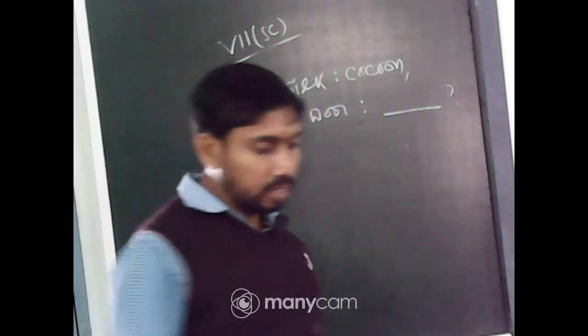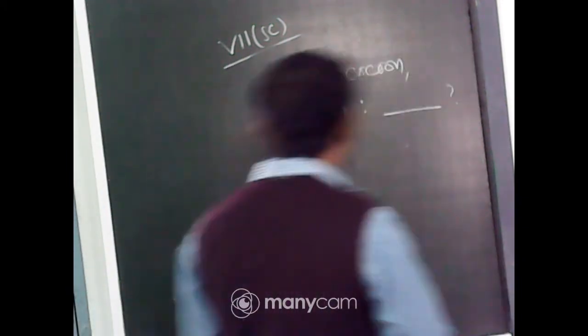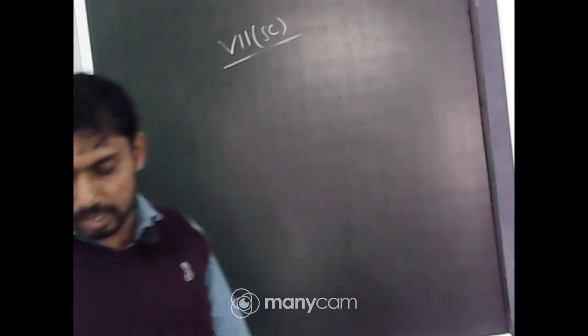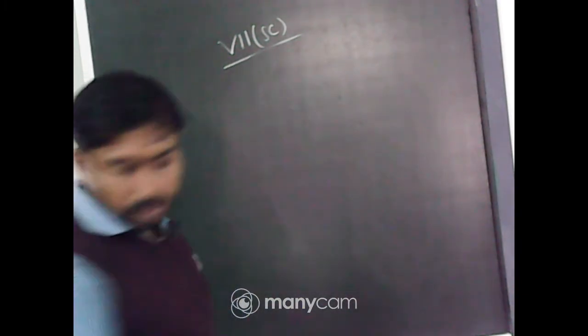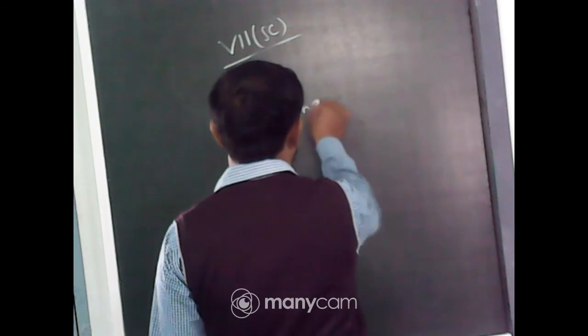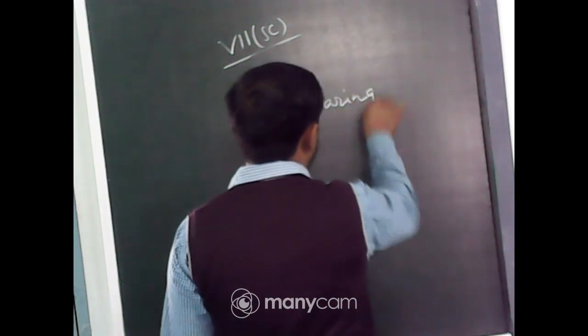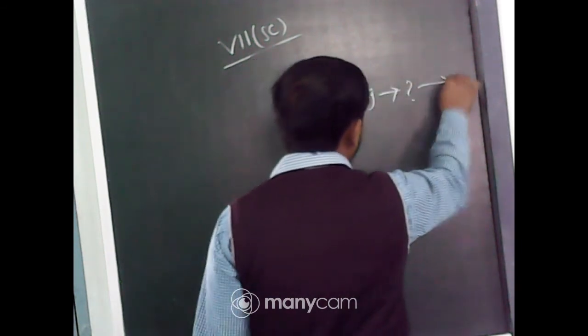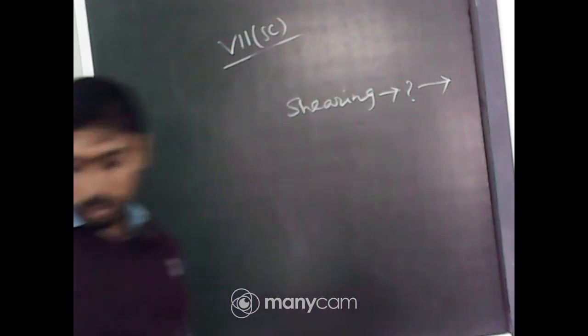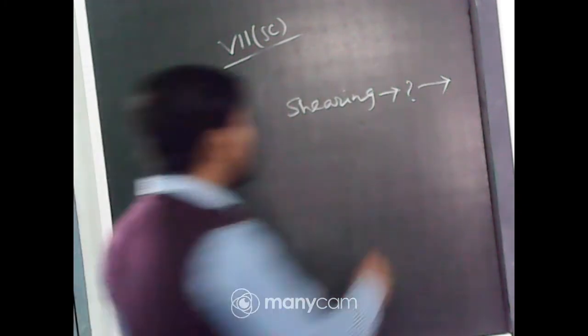In a sequence, which word will be there? I am writing here the sequence: shearing, arrow, question mark, and after the question mark it is sorting.